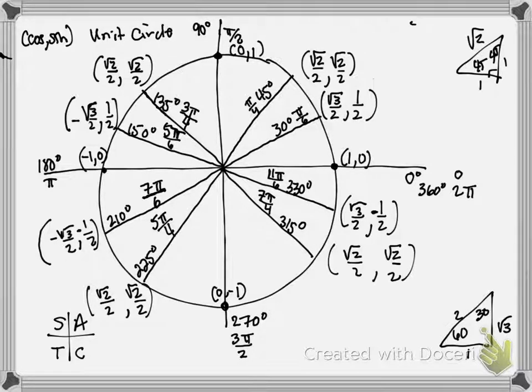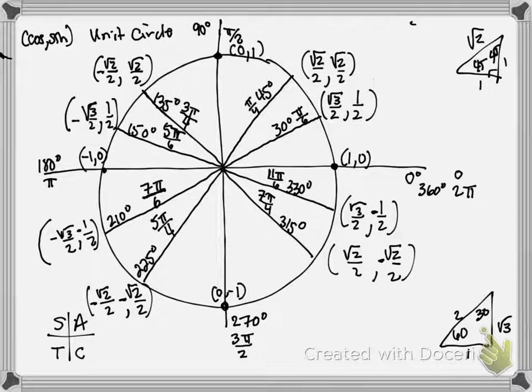Okay, so in quadrant 2, remember that cosine is negative, so I'm going to attach negatives on the first one. In quadrant 3, both cosine and sine are negative, and in quadrant 4, sine is negative, cosine's positive.